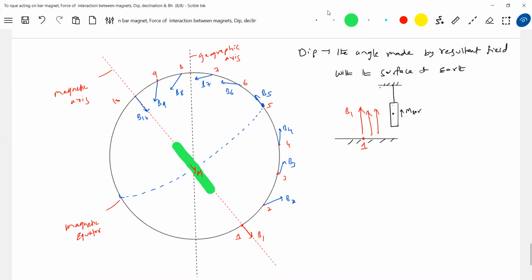Now at point 2, how is B bar? At point 2, the B bar is directed vertically into the plane. I think point 10, sorry. So if you suspend a bar magnet here, the bar magnet will align.